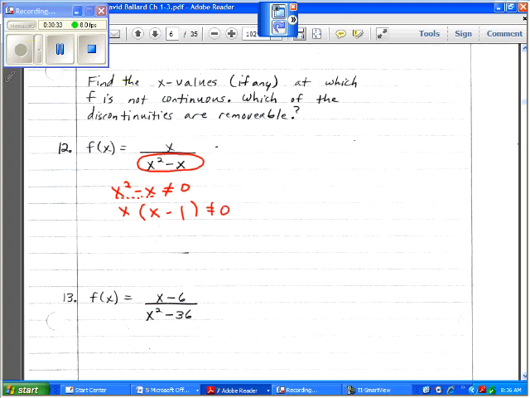Everybody agree there? From this one, we would have that x cannot be 0. And from this one, we would have that x minus 1 cannot be 0. Therefore, x cannot be 1.